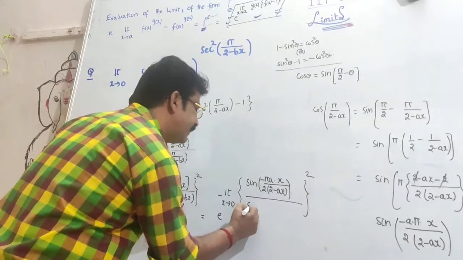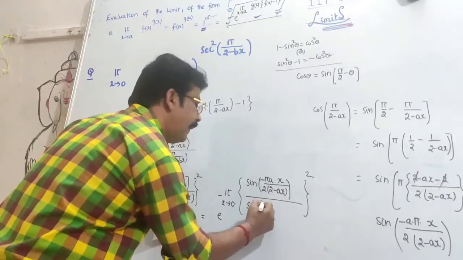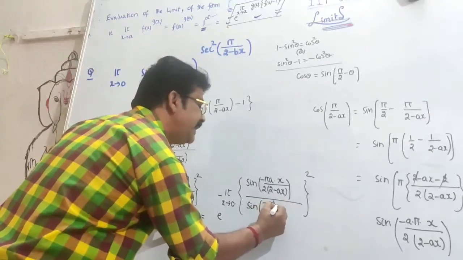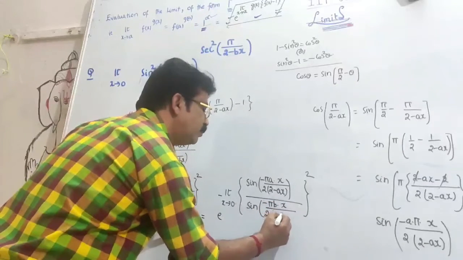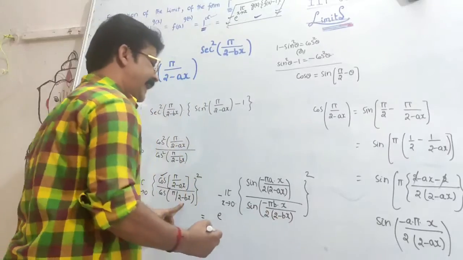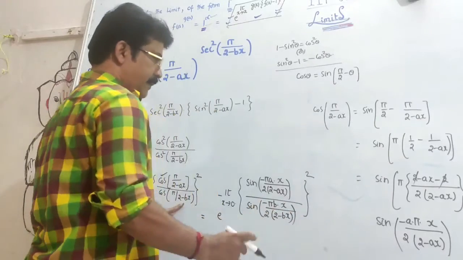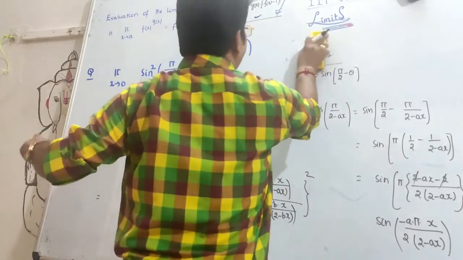So therefore it is sin of minus pi b x divided by 2 into 2 minus bx, like that.